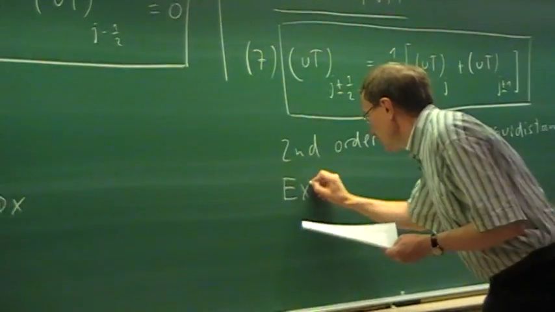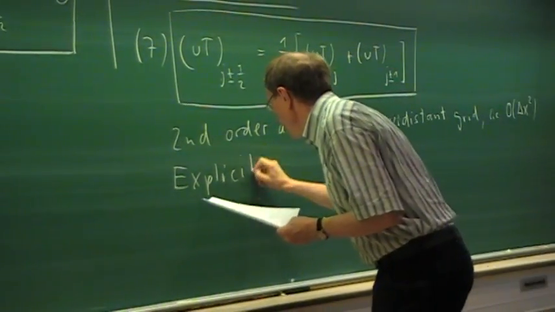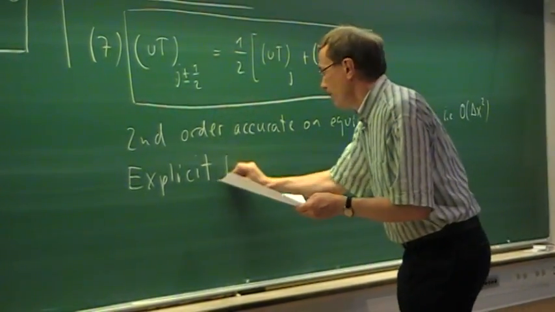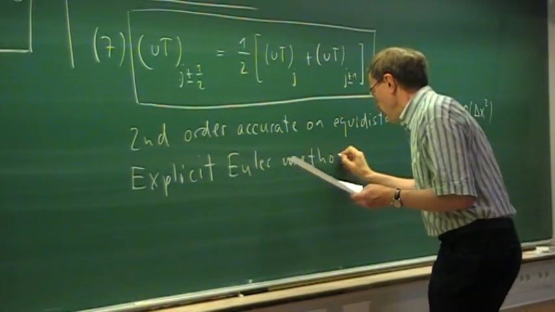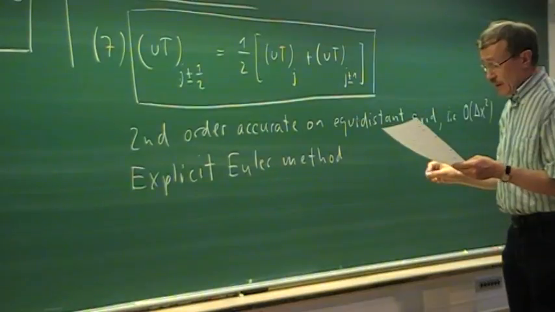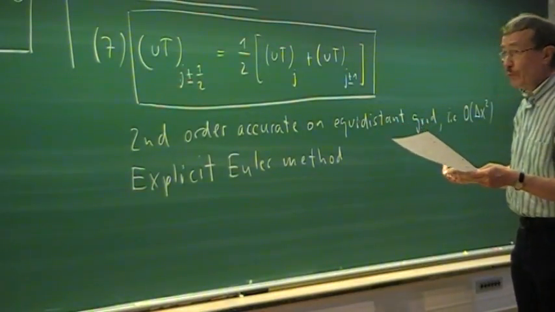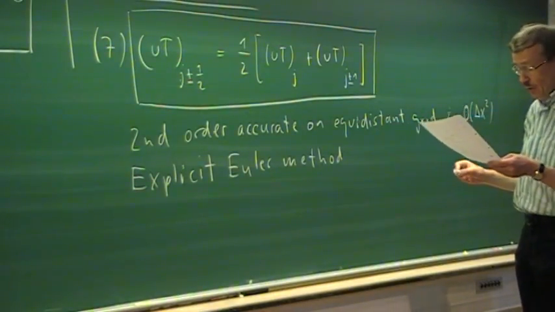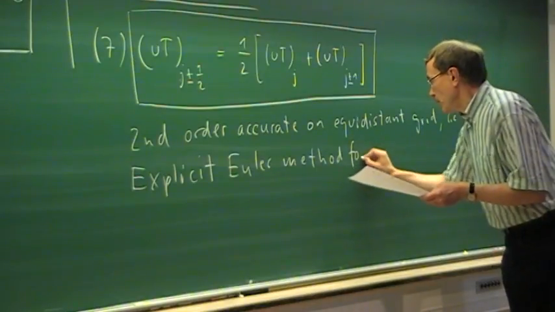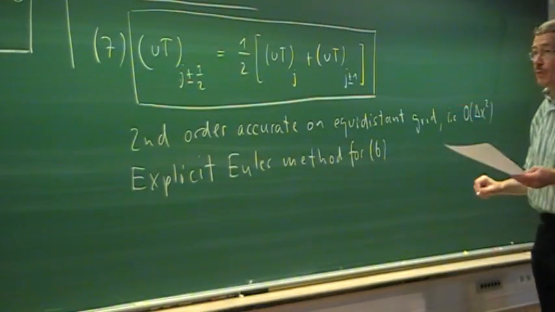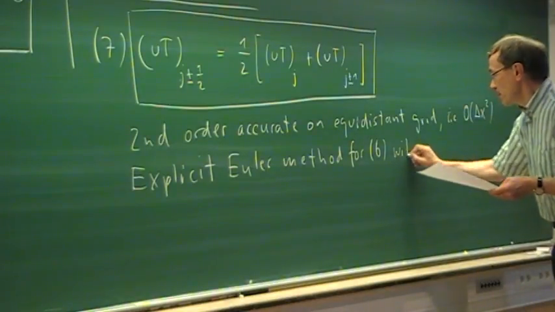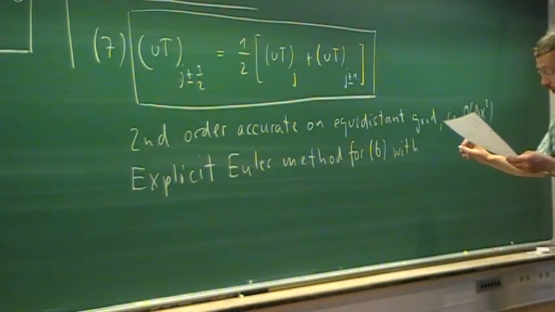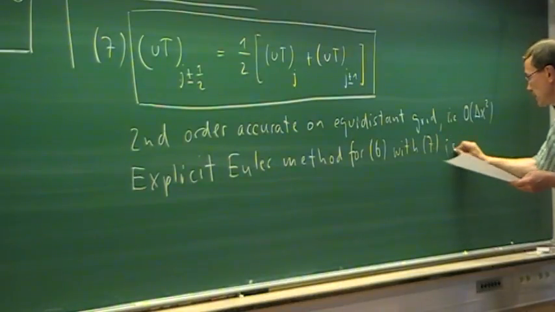So we can state that the explicit Euler method for the time discretization, for the equation for the finite volume approximation that we have here, 6 or 6b, with the central finite volume method is unstable.